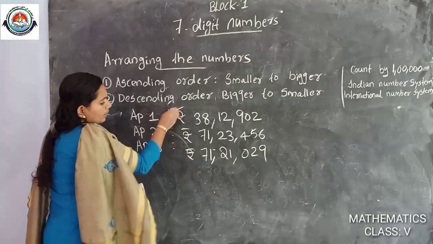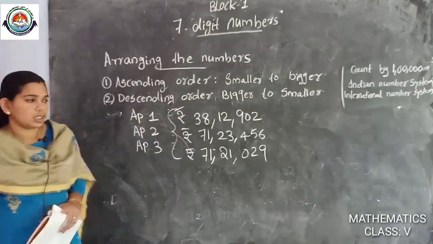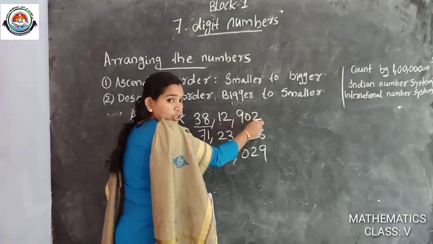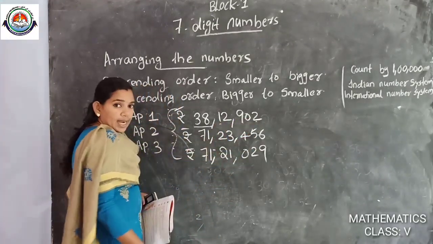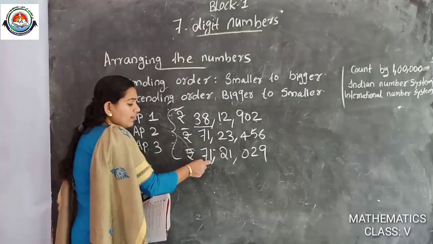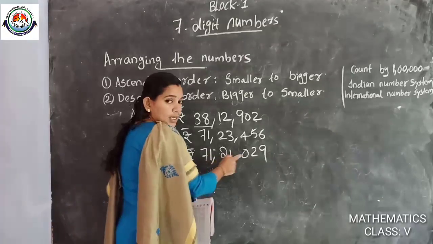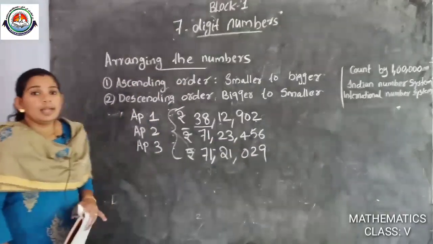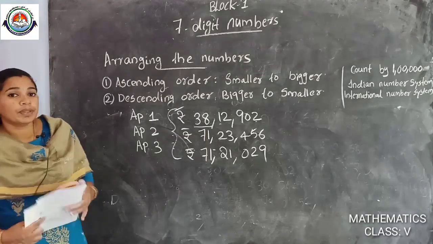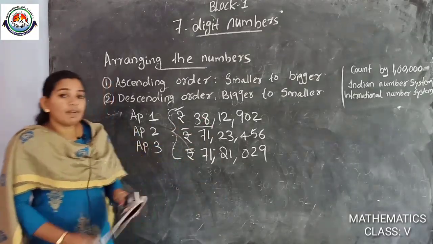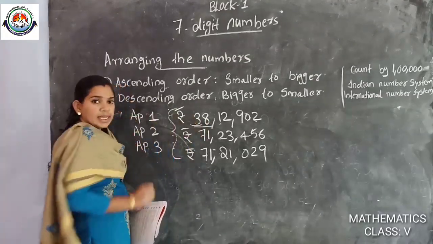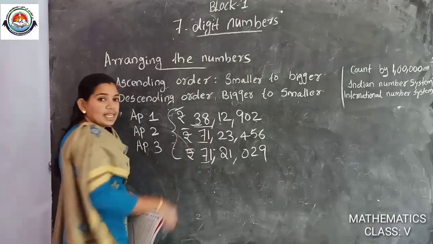From this, which is the largest cost? 38 lakh 12,902, or 71 lakh 23,456, or 71 lakh 21,029. Which is the largest number here? Okay, we will check the largest places. Here the largest place is 3, here 7, here 7.